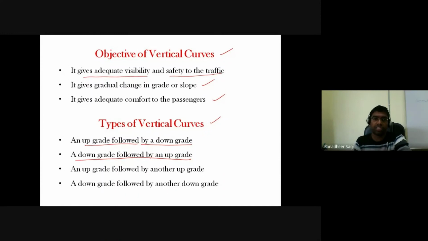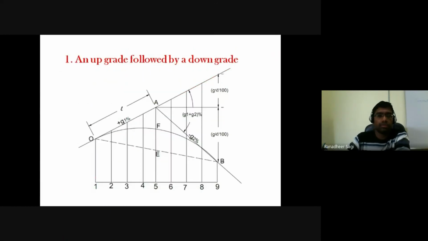I'll show you those pictures. Another type could be an upgrade followed by another upgrade, and another type is a downgrade followed by another downgrade. So let us quickly understand what an upgrade followed by an upgrade vertical curve means.